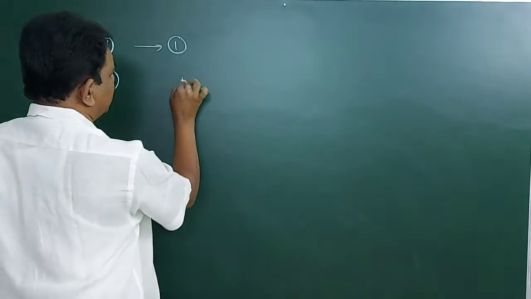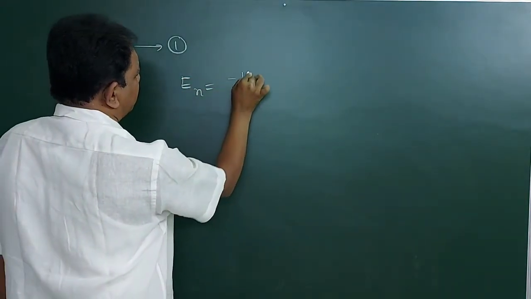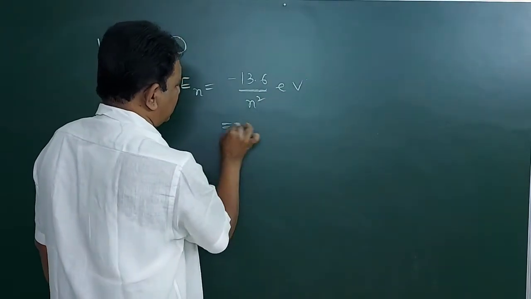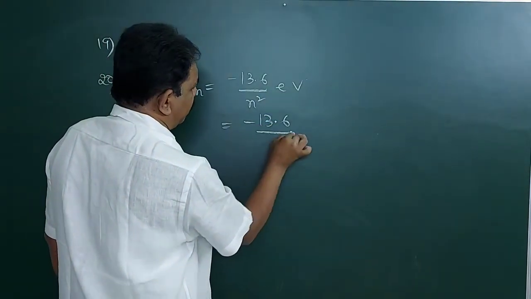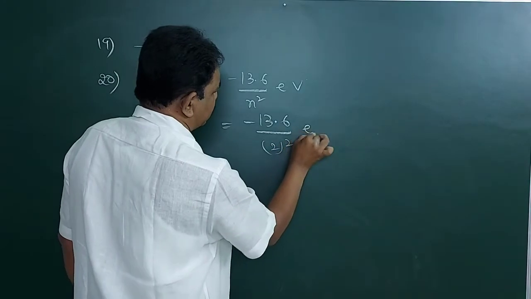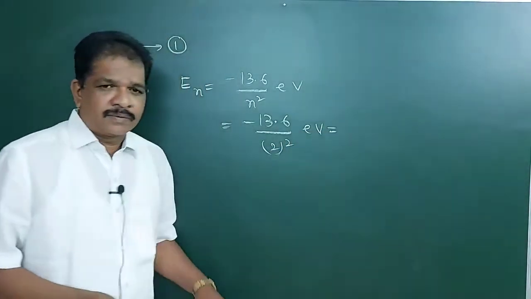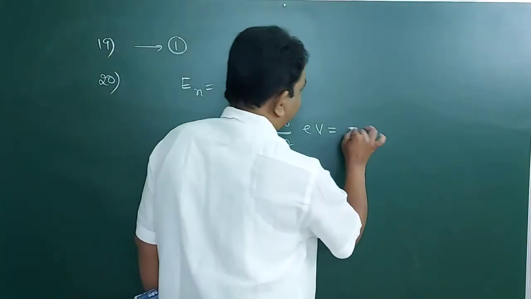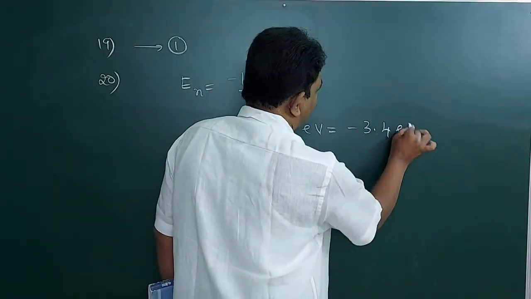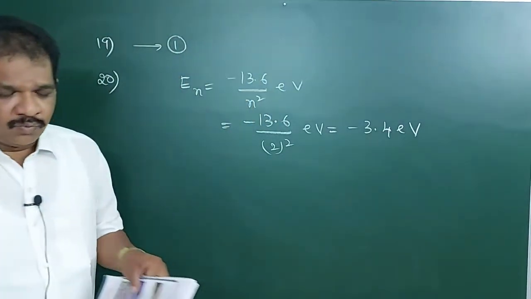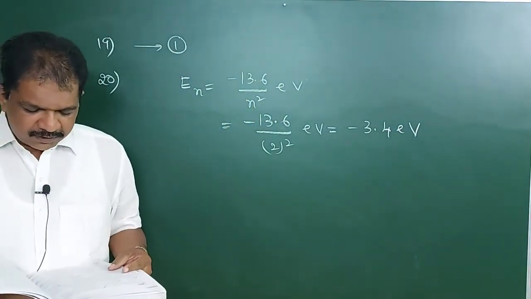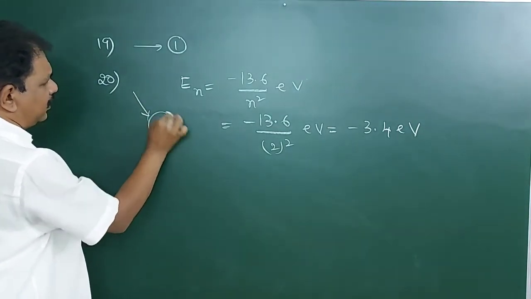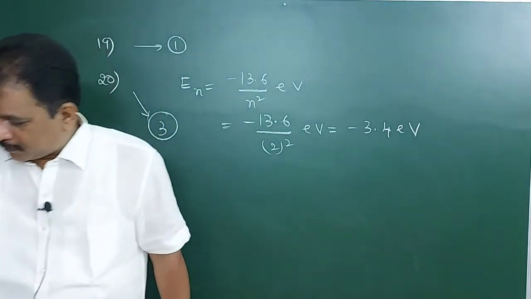Simple questions. En is equal to minus 13.6 by n square electron volt. Minus 13.6 by 4, 2 square means, so this value minus 3.4 electron volt. So option for this will be third option.